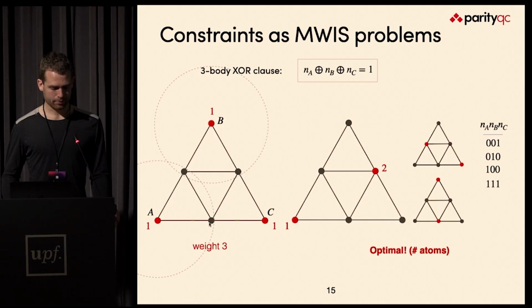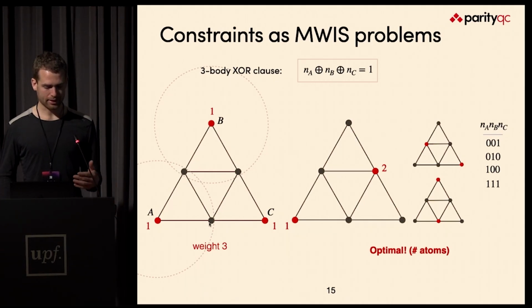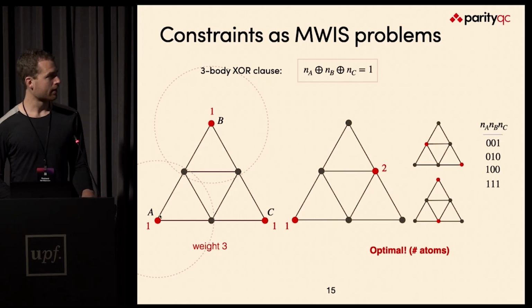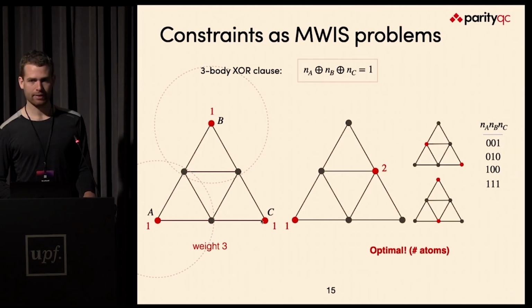And then it turns out that any maximum independent set you can find here has weight 3. One example is if all of A, B, and C are in the independent set, which is weight 3, but also if you have one of the corner atoms, so one of A, B, and C, and one of the ancilla atoms.